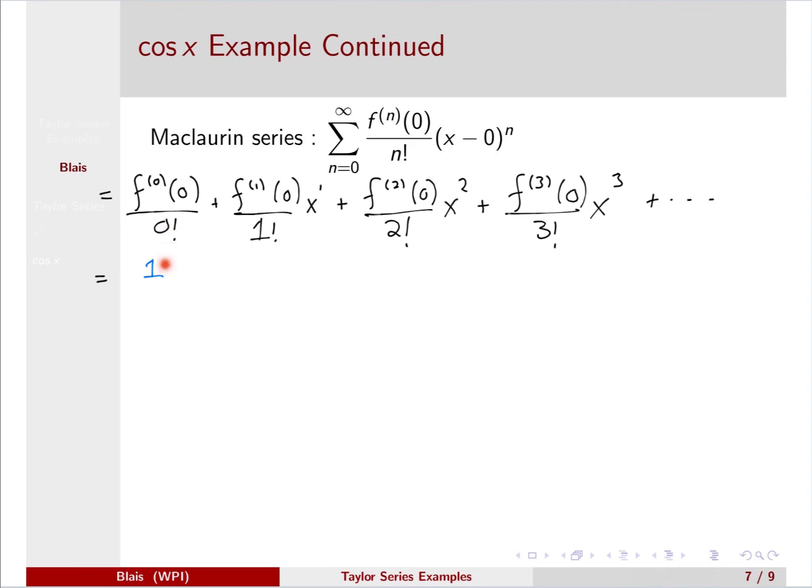Over 0 factorial we can write, because remember, the idea here is to try and identify the pattern. For this term, we know we have a 0 in the numerator. For the n equals 2 term, we had a minus 1.